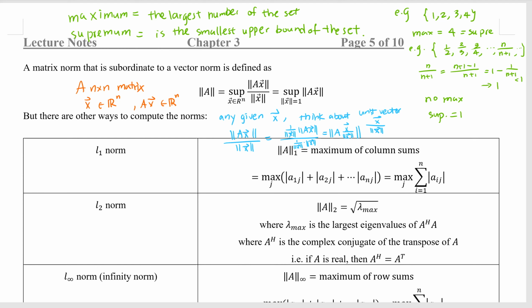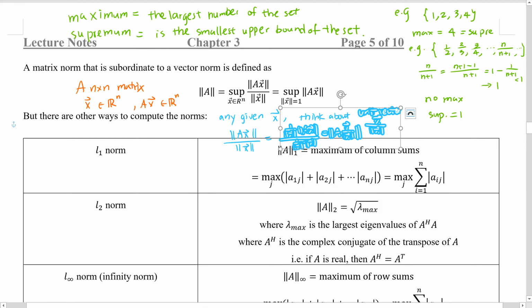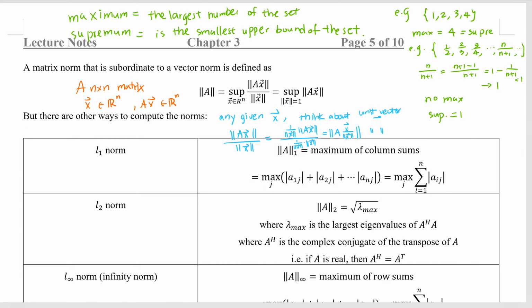Let me move this unit vector here. This is the unit vector. And the bottom you can see is just 1. So that's why any vector x gives the norm of A times a unit vector in that direction. So that's why we get this equality.